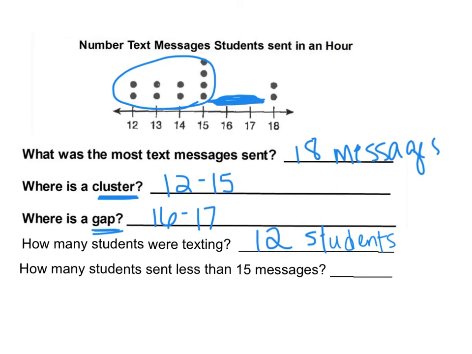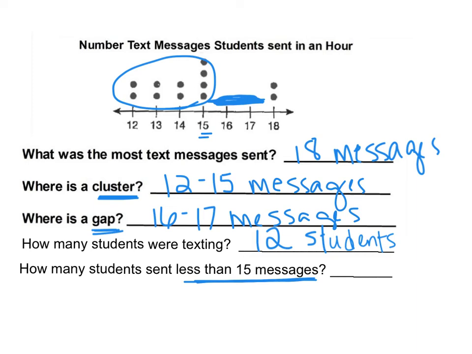We could label each of these messages also. All right, how many students sent less than 15 messages? Less than 15. So again, with the wording here, we aren't going to include those that sent exactly 15. We want less than that. So we would say 6 students.